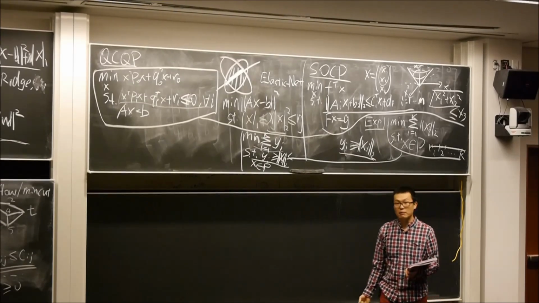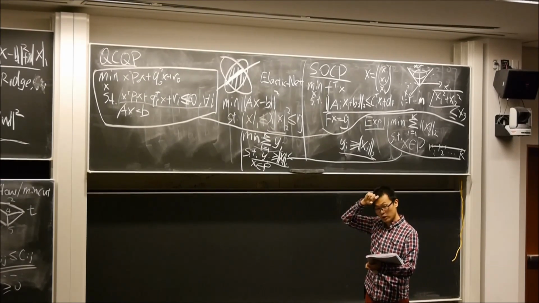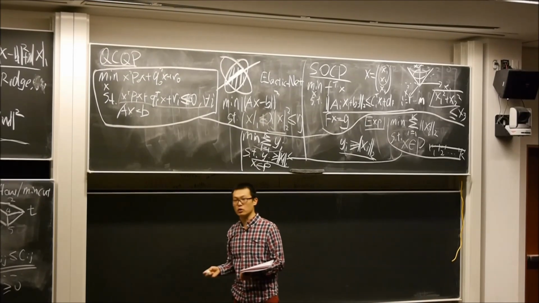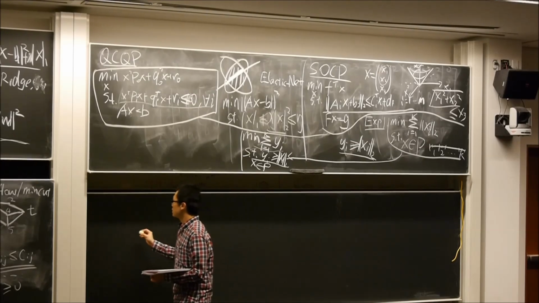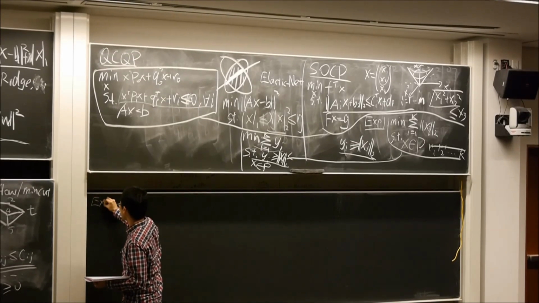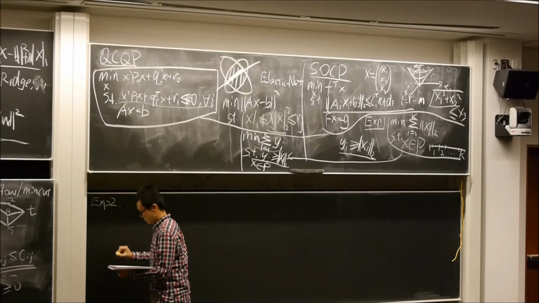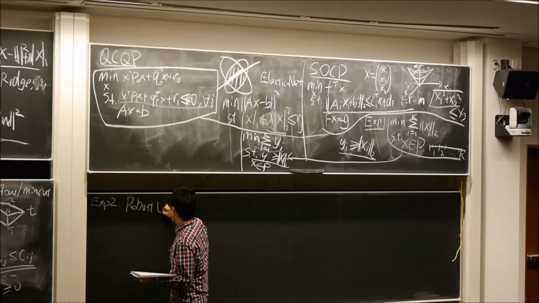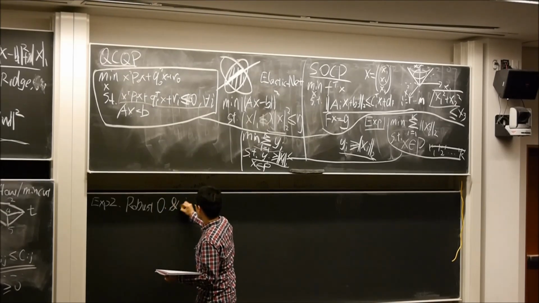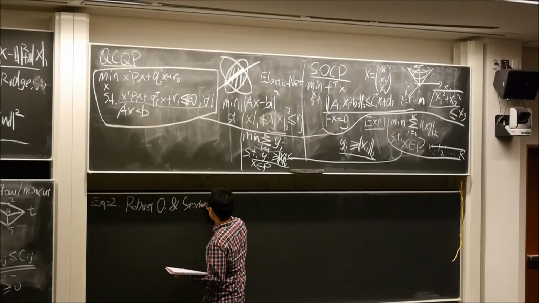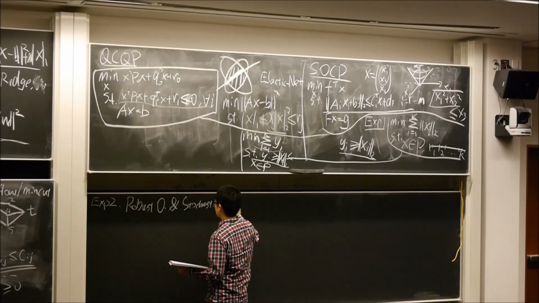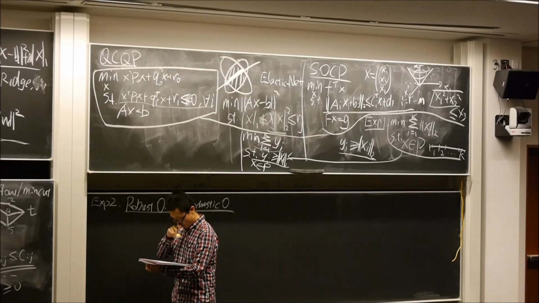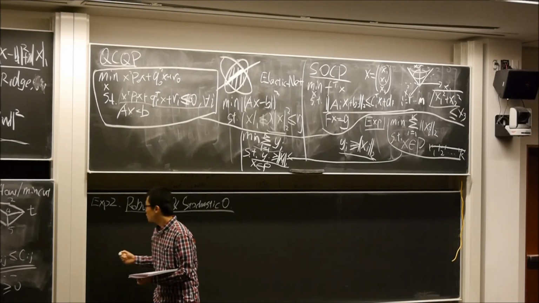Perhaps the most important application of second-order cone programming is robust optimization and stochastic optimization. So we call this example 2: robust optimization and stochastic optimization.